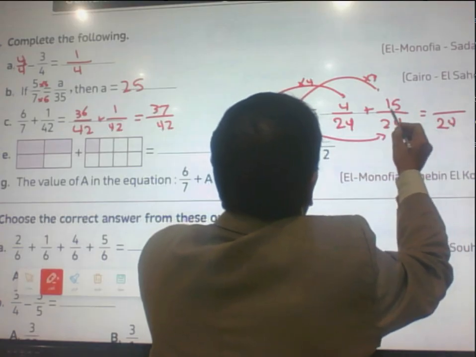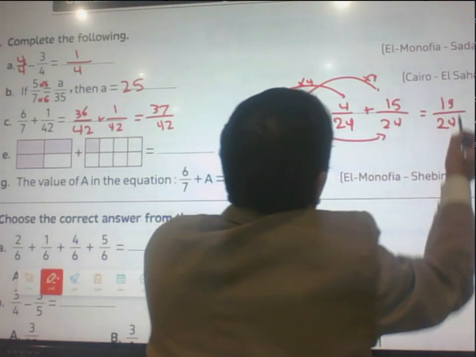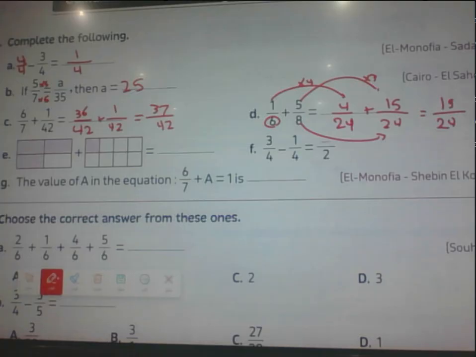Then we can add: 15 plus 4 is 19. Then the answer will be 19 over 24.